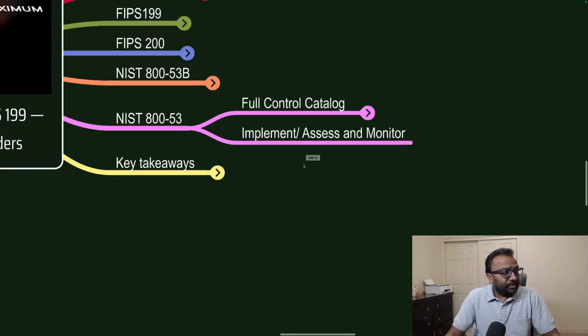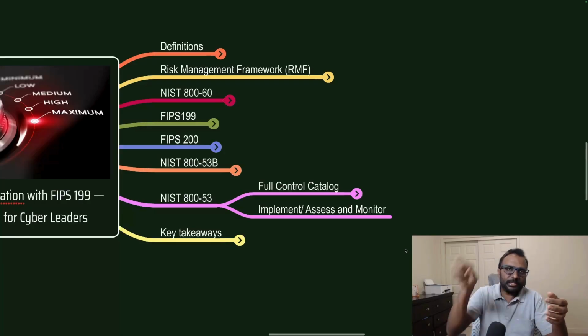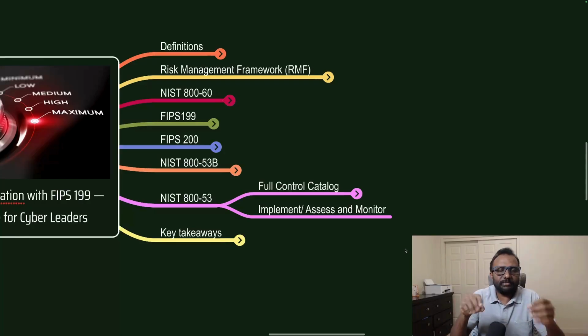853 is mainly about the implementation, what we need to implement. In the NIST RMF, the Risk Management Framework, we have prepare, categorization, selection, then implementation onwards. 853 comes in at implementation, then assessment: whether the implementation is correct, whether the system is working as intended, any gaps, any risk.